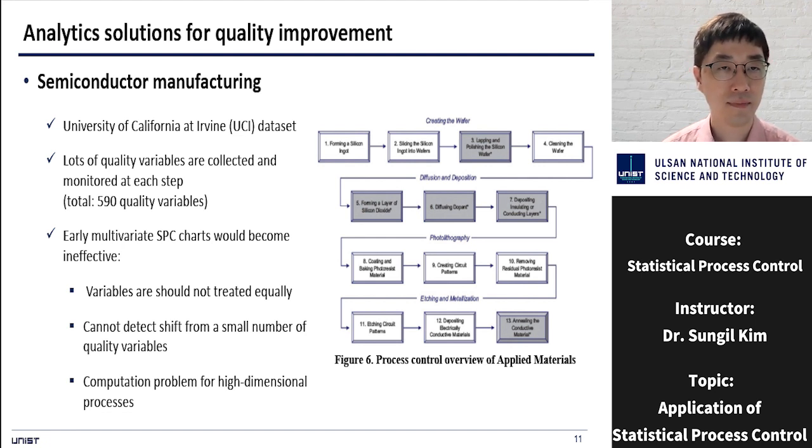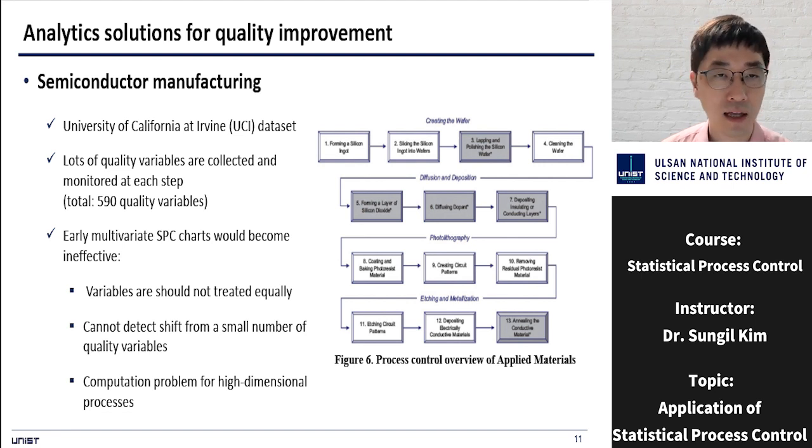To handle them, traditional multivariate SPC charts become ineffective when the number of quality variables is large, partly because all quality variables are treated equally, and thus they cannot react promptly to a shift in a small number of quality variables in such cases.